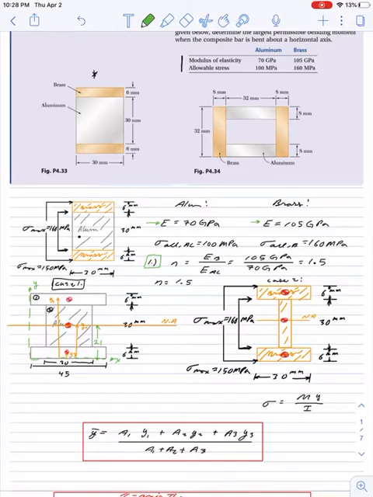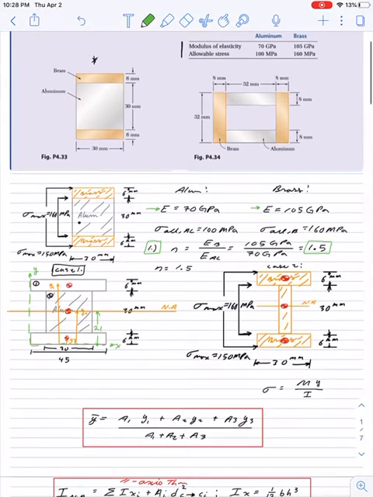So how much more pressure? Well, that ends up being 1.5 times as much. And knowing that the stresses due to bending moments are linear, we're able to use ratios.